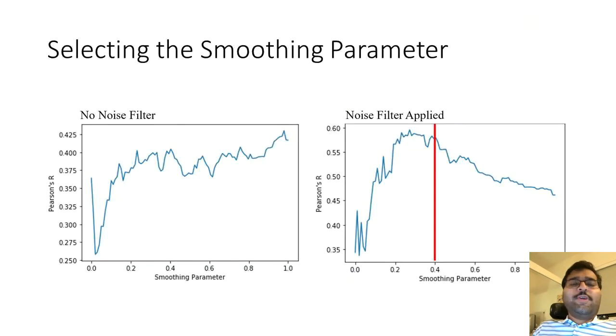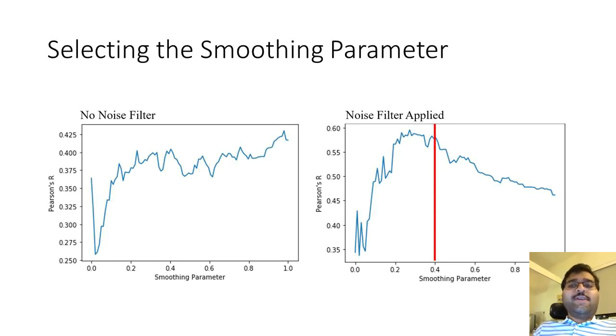So to give you a little bit more insight into how we selected the smoothing parameter, which dictates how tightly the spline fits to fluctuations in the data, here is a plot of the interreplicate correlation coefficient versus the smoothing parameter. And our strategy was to pick a smoothing parameter that gave us a reasonably high correlation coefficient, but also was high enough or stiff enough that we were not overfitting to noise in the curves.